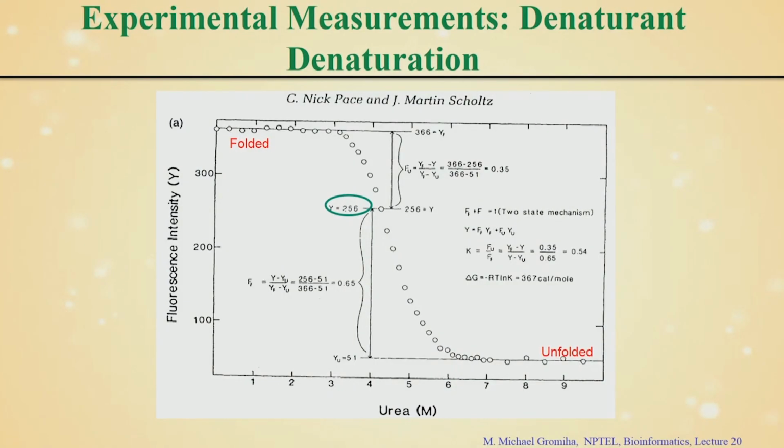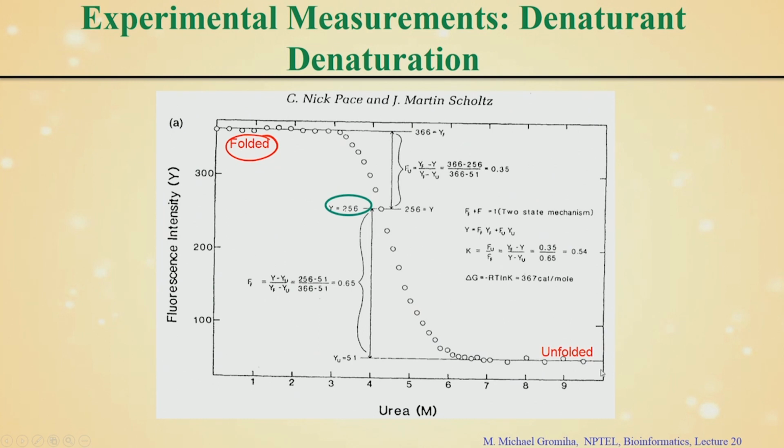Right, here you can see the data for the fluorescence spectroscopy and urea denaturation. So, we add urea, right, you can see the different concentrations of urea, here 1 to 9, and you can see how we get the fluorescence intensity. In the leftmost side, this is the folded state, right, and slowly if you add the denaturant, it slowly denatures, and finally this stage you can see is completely unfolded.